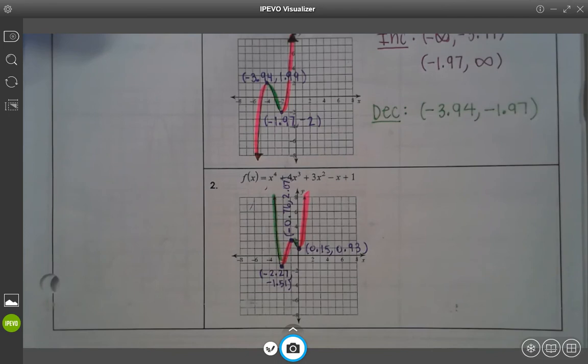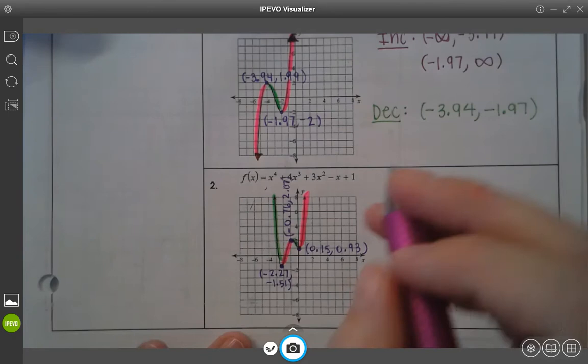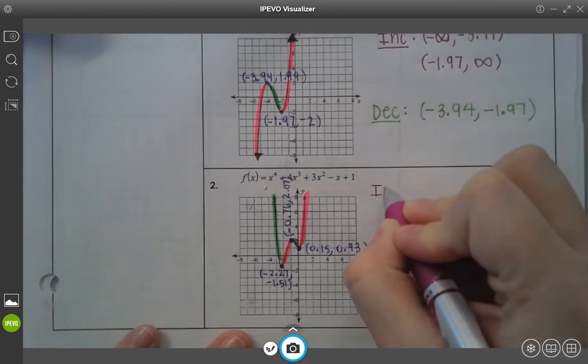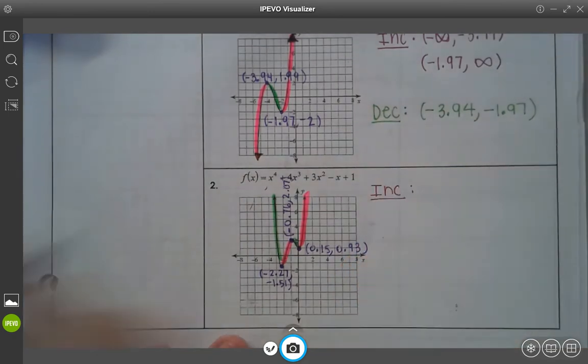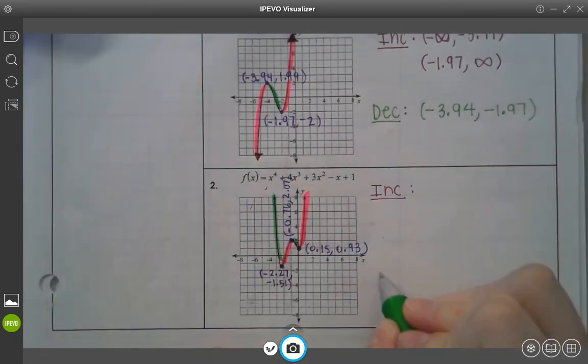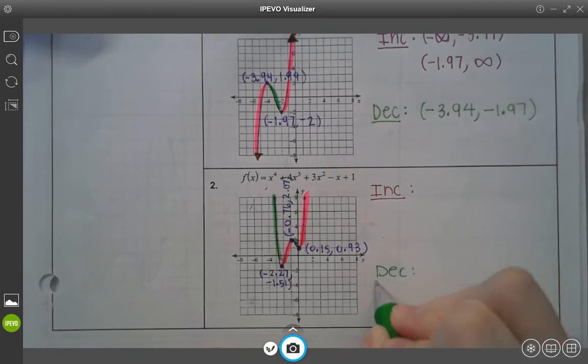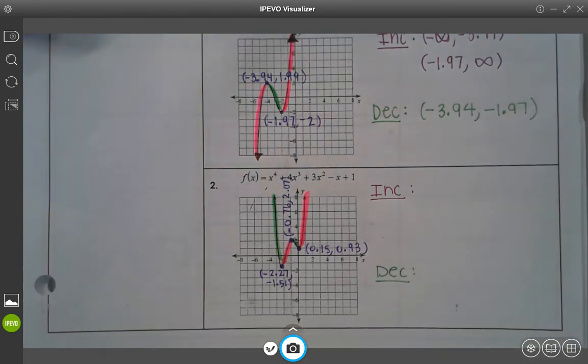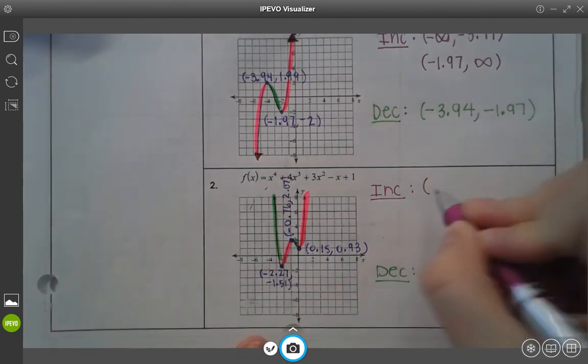So on this one, there are 2 increasing and 2 decreasing. On my first increasing, where does it start?